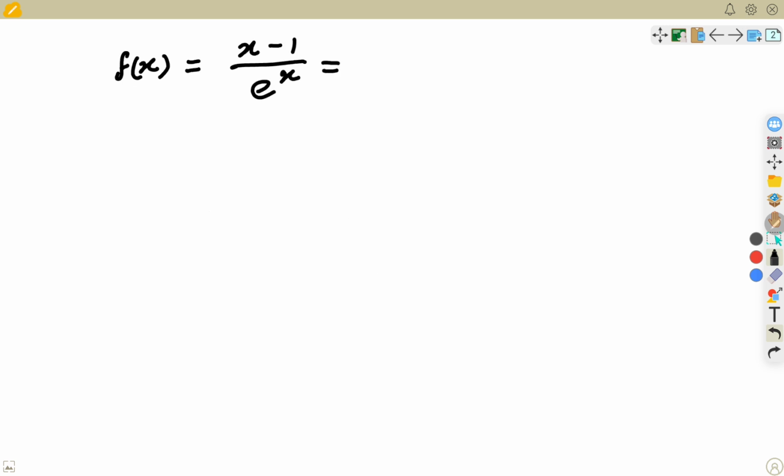Let's study today. We can write (x minus 1) upon e to the power x as e to the power minus x multiplied by (x minus 1). Let's find out the first derivative.